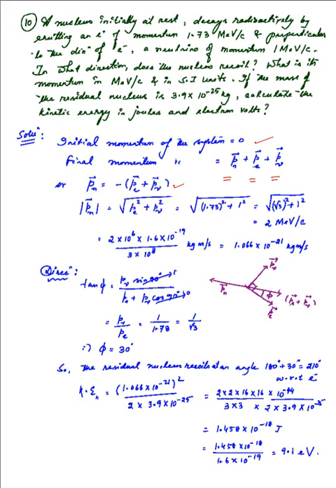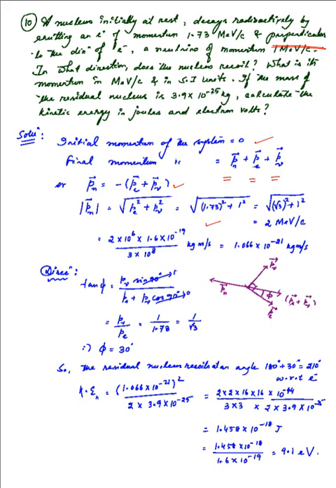So magnitude wise, what we see over here is Pe squared plus P nu squared, and remember the angle between them that was provided was 90 degrees because the neutrino flew off perpendicular to that of the electron.